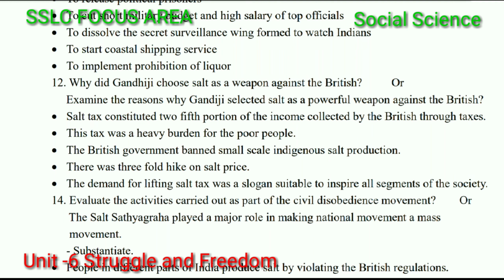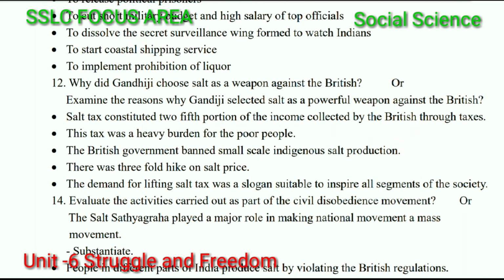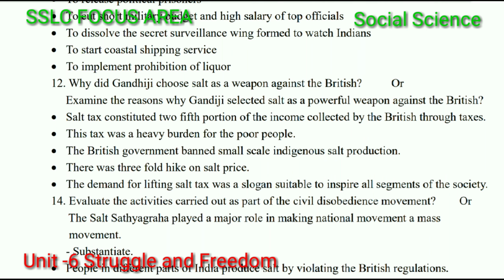This tax was a heavy burden for the poor people. The British government banned small-scale indigenous salt production. There was a threefold hike in salt price. The demand for lifting salt tax was a slogan suitable to inspire all segments of society.